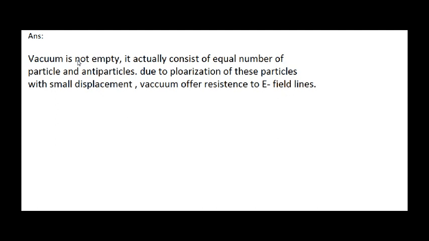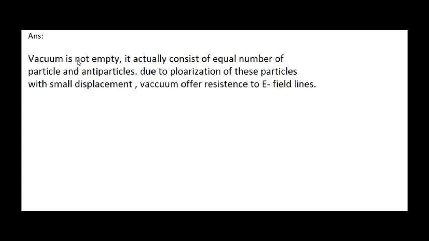Hence similarly in a vacuum, the number of particles equals the number of antiparticles. They would cancel each other and the number of particles would be 0. We say that there is no particle in vacuum.